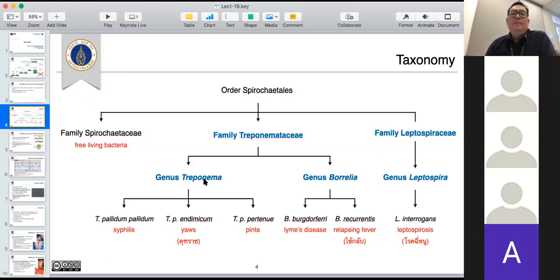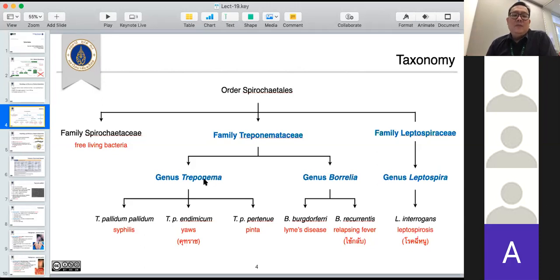Treponema pallidum has many subspecies. One we call Treponema pallidum, which is the causative agent of syphilis.